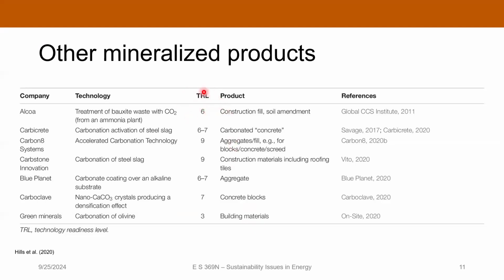The technical readiness levels, I think I had a slide on that at some point, but basically TRL 6 to 7 is like proof of concept in the lab where you've gotten there, but it's not quite commercially ready. TRL of 9, that's kind of commercializable at this point, ready for market.